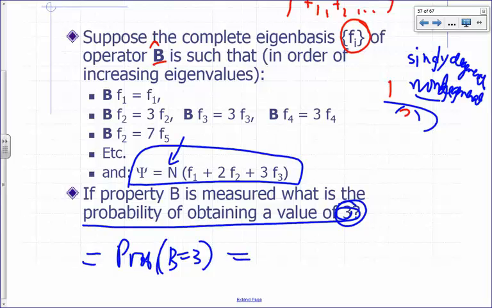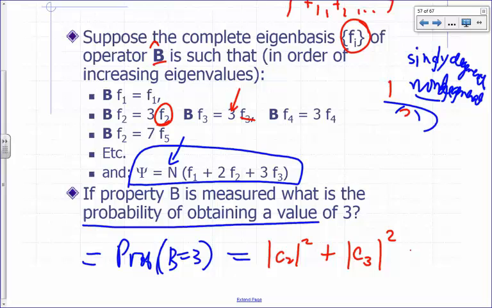Which of these eigenfunctions have an eigenvalue of 3? This one, f2, right? So it's going to be c2 squared. But f3 also has an eigenvalue of 3, so you can add the probability of getting the eigenvalue of f3, so c3 squared, plus c4 squared, because these are the 3 eigenfunctions that have an eigenvalue of 3.